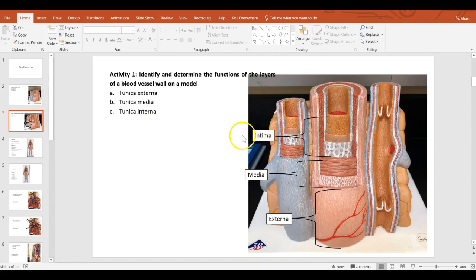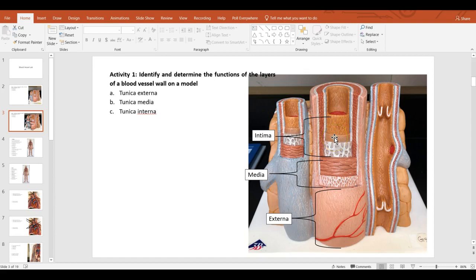Then you have the tunica intima. Now this model shows an internal elastic lamina, which we are going to kind of pretend isn't there, even though it is. You want to think of it as just an endothelium, or an inner lining epithelium with connective tissue support.